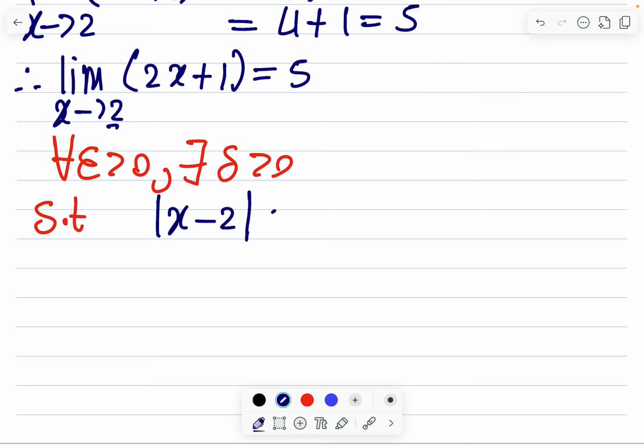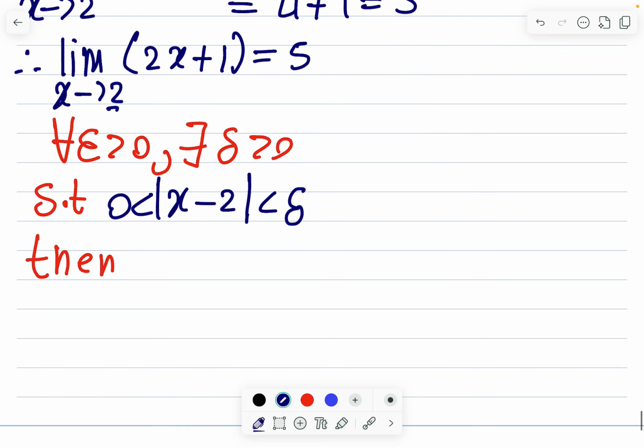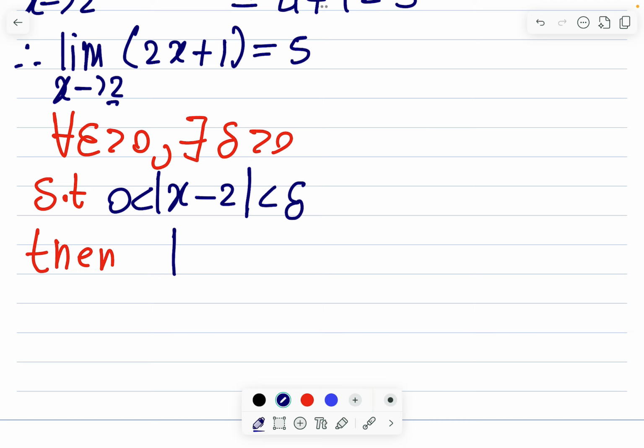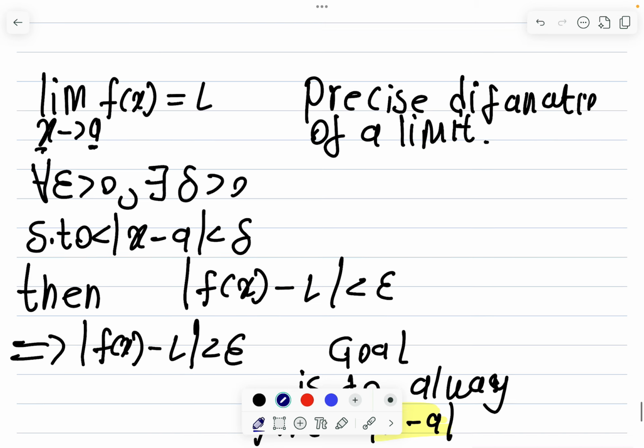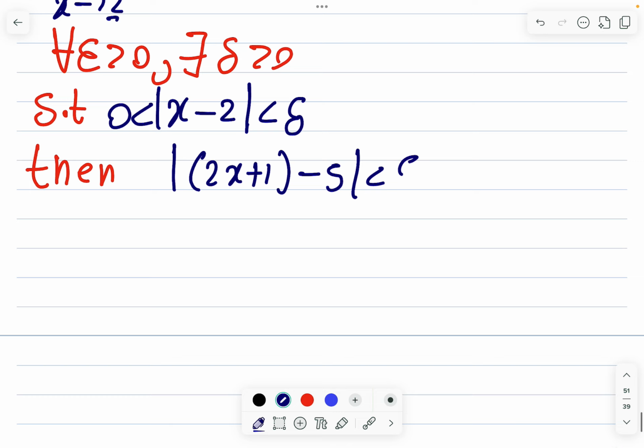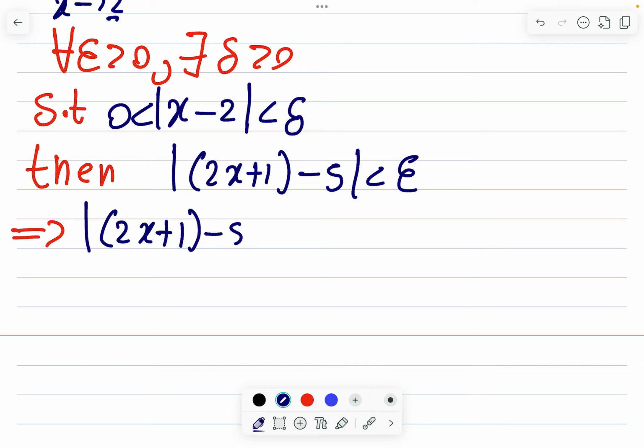So 0 is less than the absolute value of x minus 2, which is less than delta. Then the absolute value of f of x, our f of x is 2x plus 1, minus L, our L is 5, following this definition, is less than epsilon. This implies that the absolute value of 2x plus 1 minus 5 is less than epsilon.